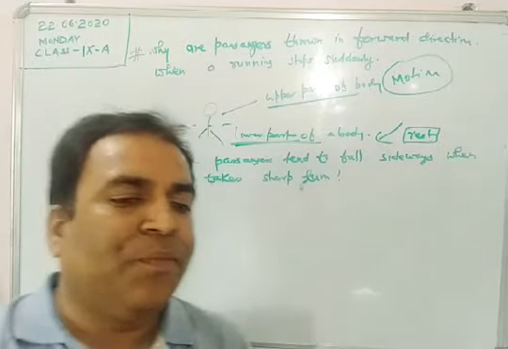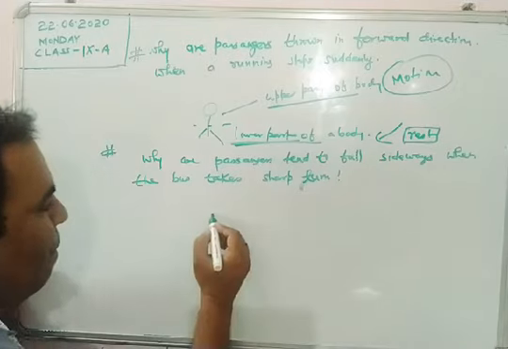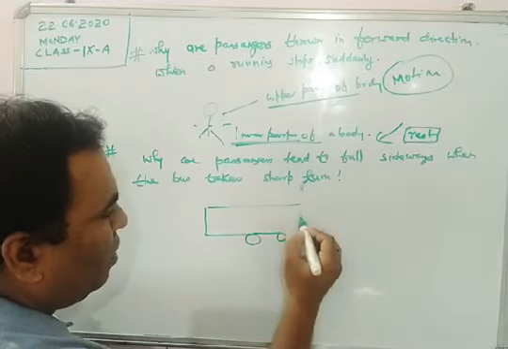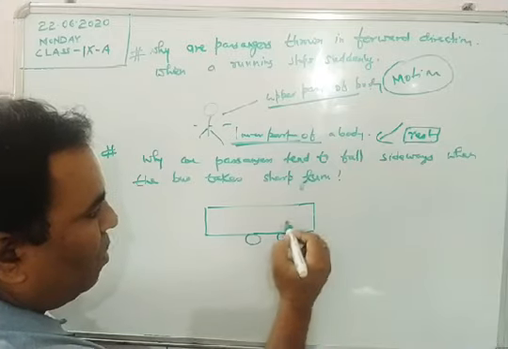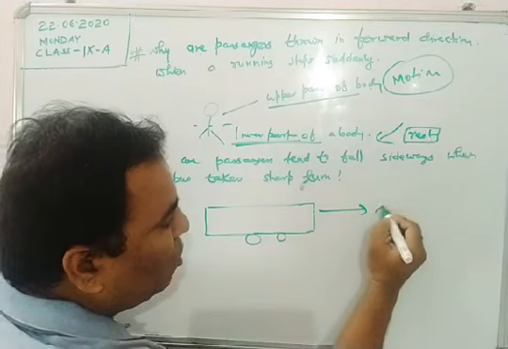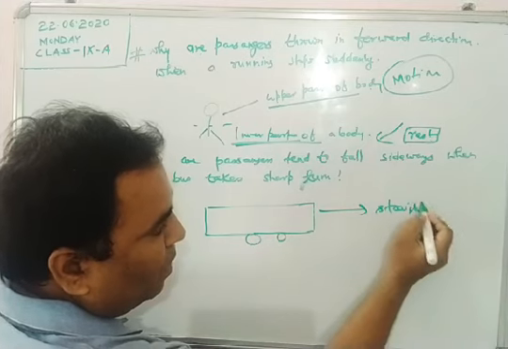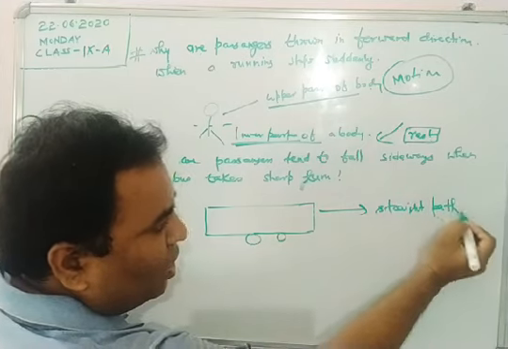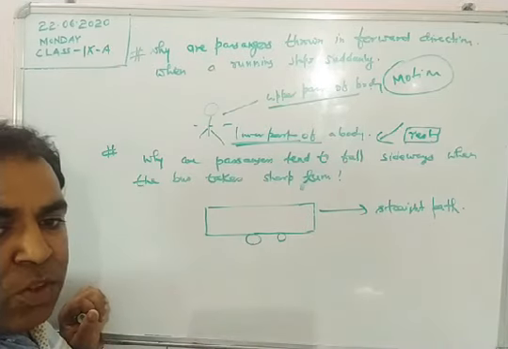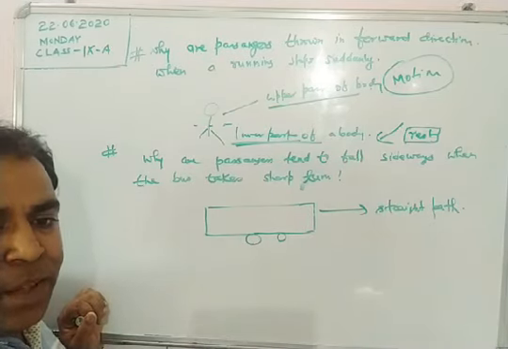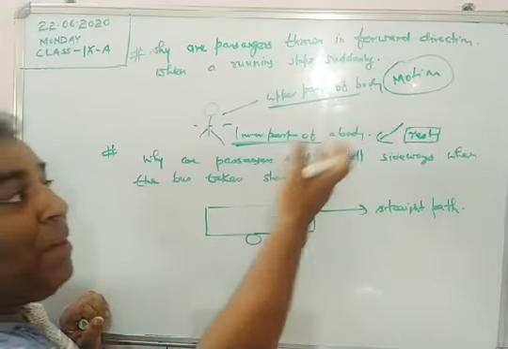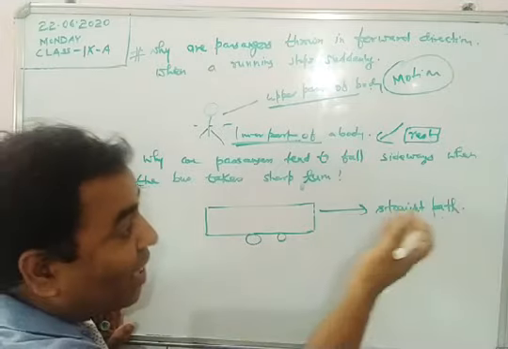So what happens, students? Suppose this is a bus, and this bus is moving along a straight path. All the passengers are also traveling in the bus, so they are all moving with the same speed and the same direction.